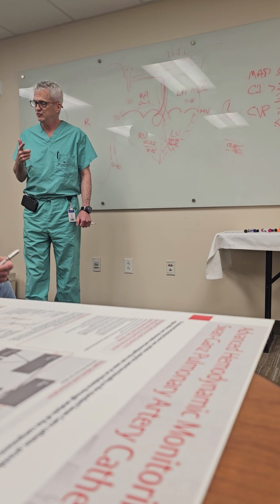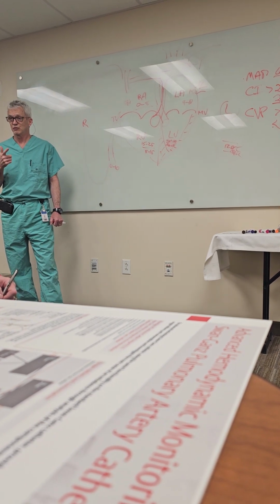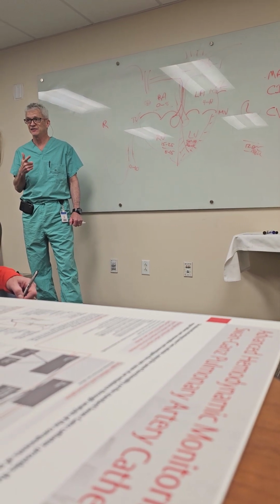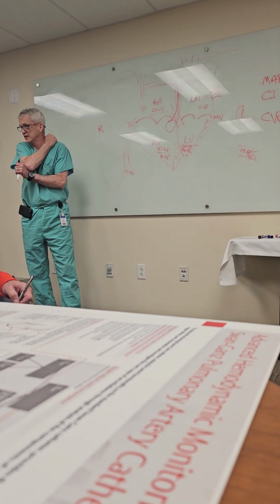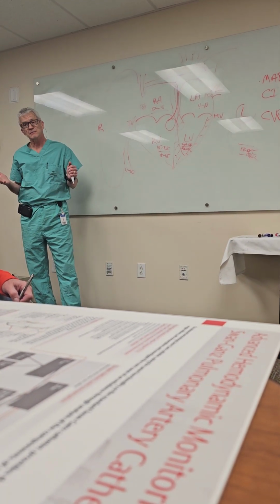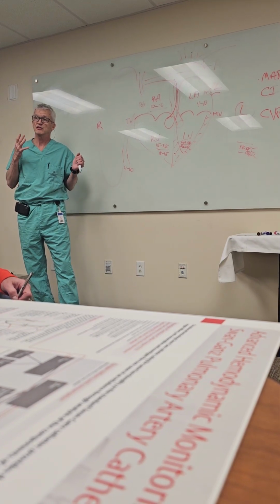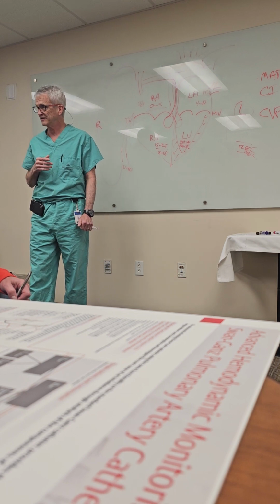And there's a difference between those 2. Epi is a strong chronotrope. It increases heart rate as well as increasing myocardial contractility, okay? Heart rate is not necessarily a good thing. Increased chronotropy increases oxygen demand.